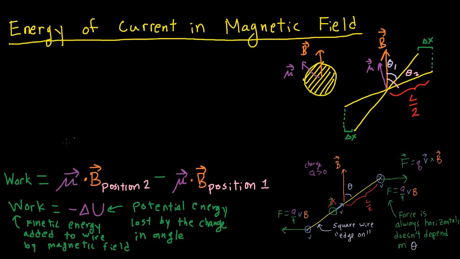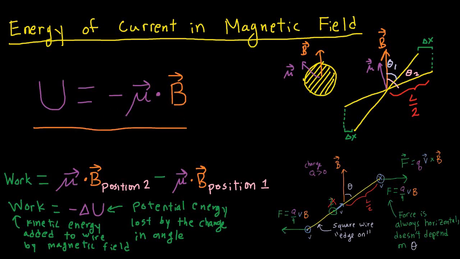So, from these two equations right here, we can immediately see that the potential energy U is equal to minus the magnetic moment vector mu dot the magnetic field B. And this is the expression for the energy of any sort of current in an external magnetic field.